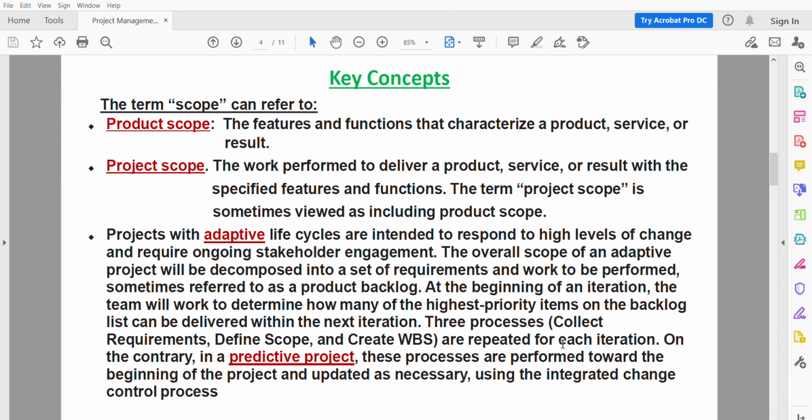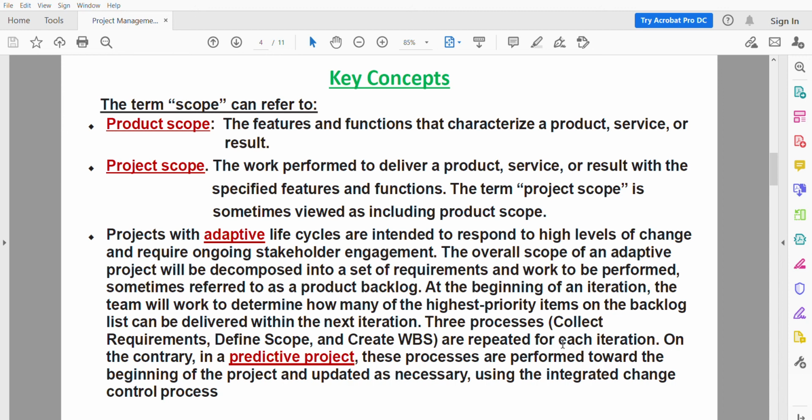At the beginning of each iteration, because there are many iterations in the adaptive project, the team will work to determine how many of the highest priority items on the backlog list can be delivered within the next iteration.